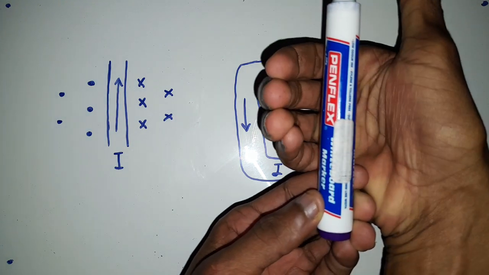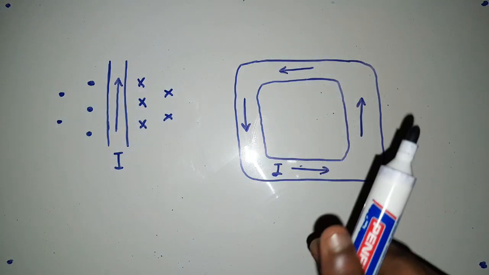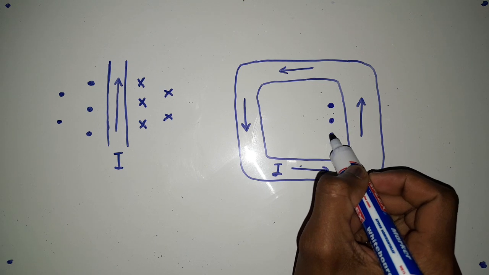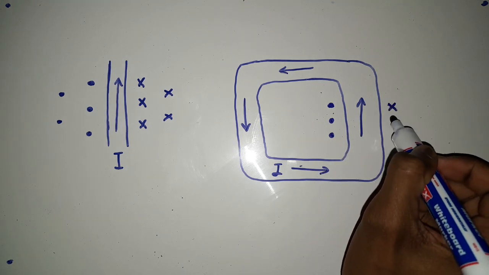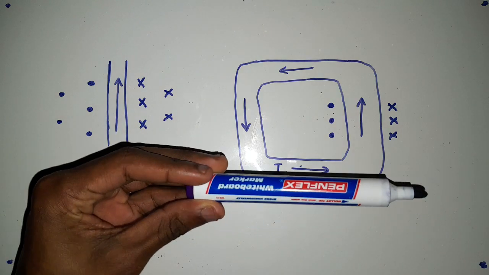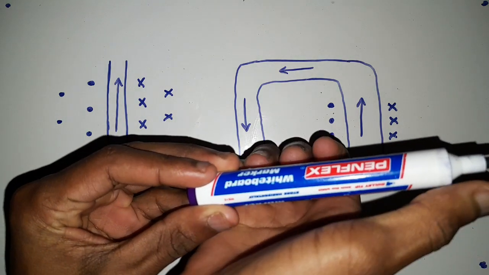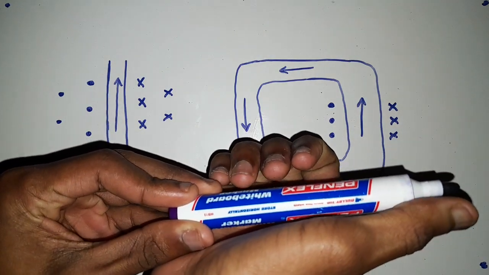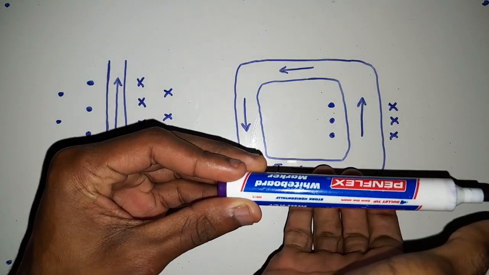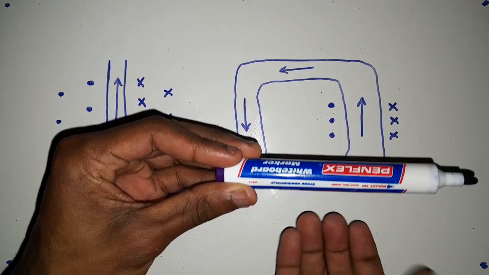As I do this, I get a situation where this side is out of the page and this side is inside the page. Do you understand? Then let us try this one. The direction of the current, there's my thumb. This one isn't easy for me, but bear this in mind.